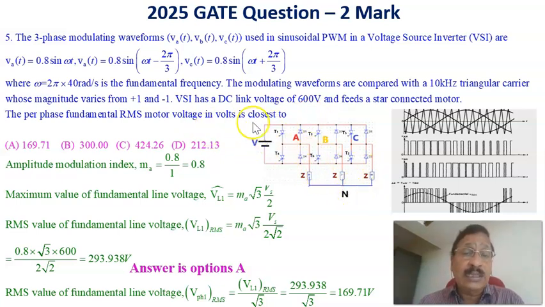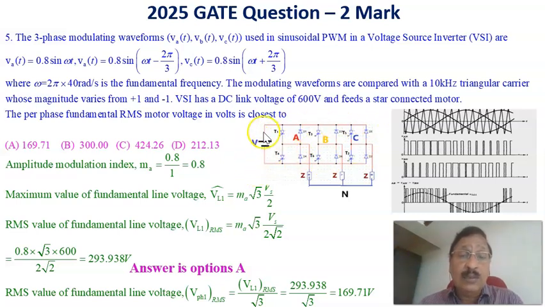The options are: A equal to 169.71 volts, B equal to 300 volts, C equal to 424.26 volts, and D equal to 212.13 volts.